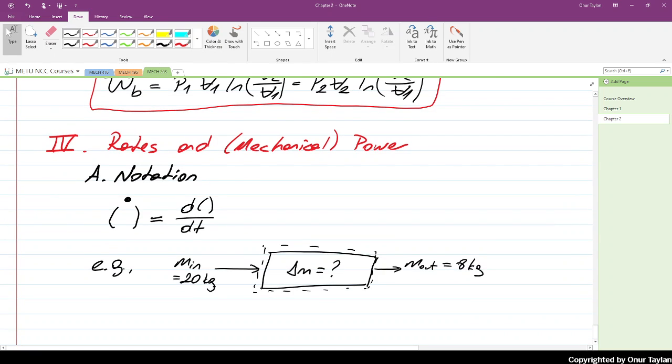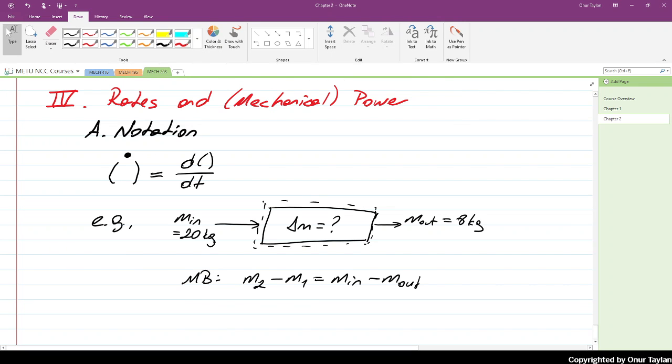It's a very redundant question, a very basic question, but we write down the mass balance, right? The final mass of the system minus initial mass of the system is equal to m in minus m out. This is the mass balance. The left hand side is nothing but the final mass minus initial mass, which is delta m.